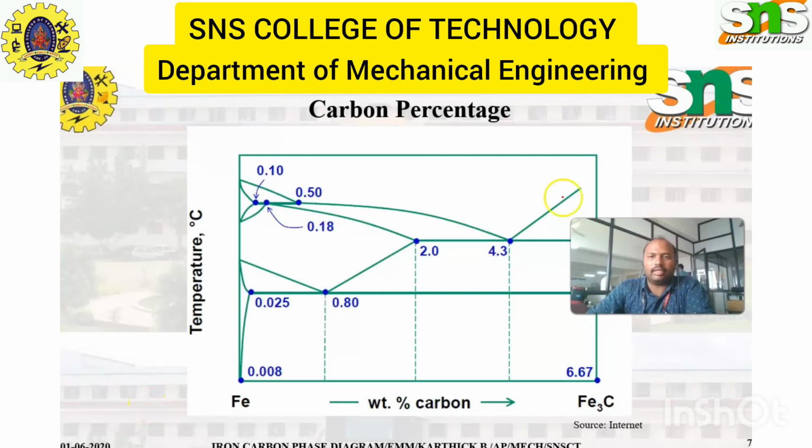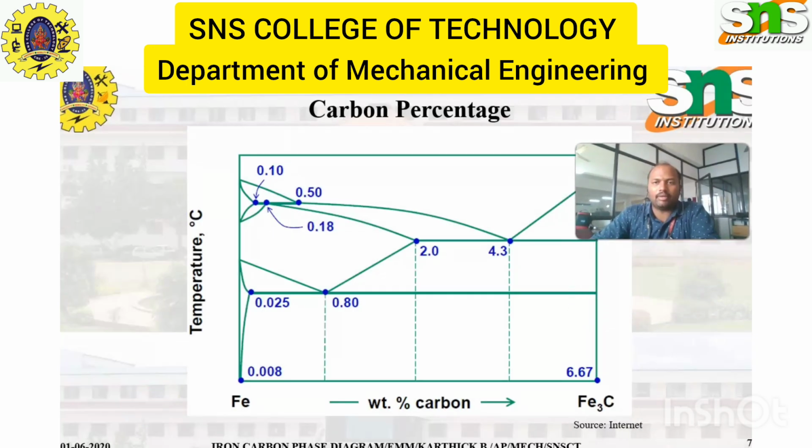Now, for the carbon percentages, for easy remembering we will convert them. It is 0.10, 0.18, and 0.50, meaning 10, 18, and 50. 10 is child age, 18 is teenage, and 50 is old age.